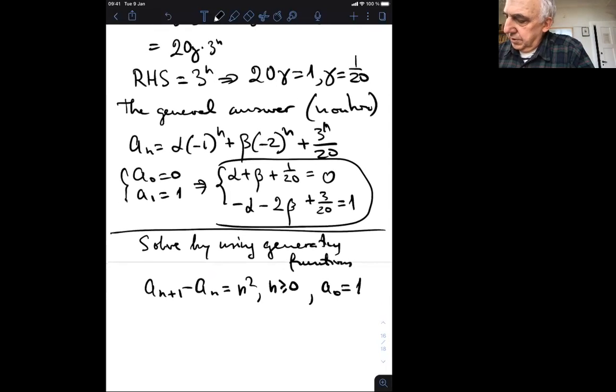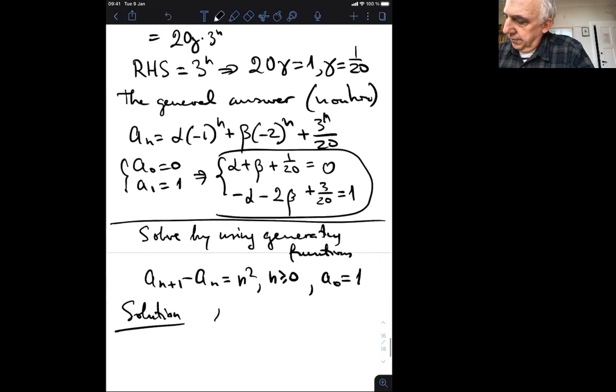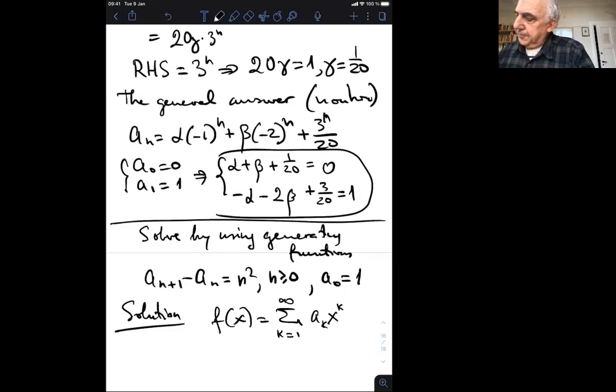So let me introduce f of x, which would be the summation, k from 1 to infinity, of a_k x to the power k. Or maybe use index n here as well, just not to confuse things.